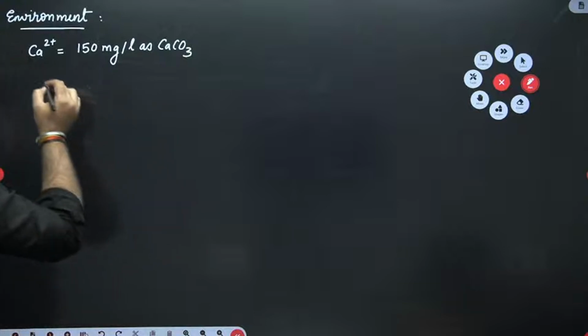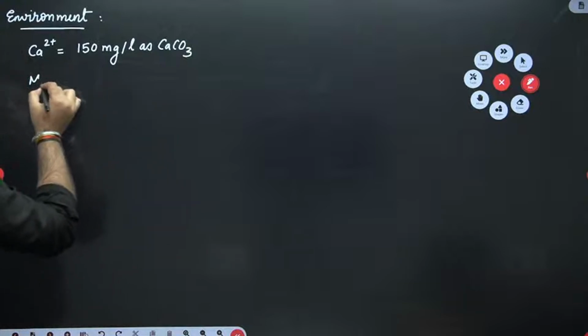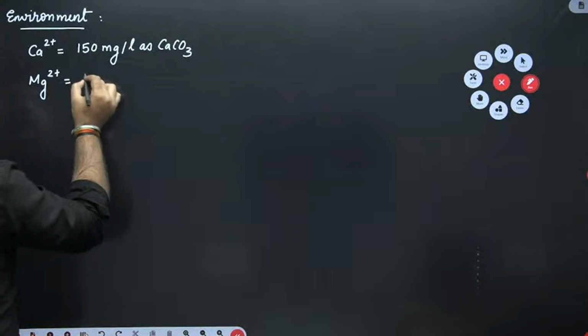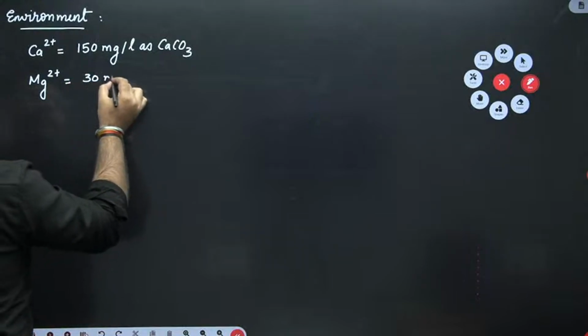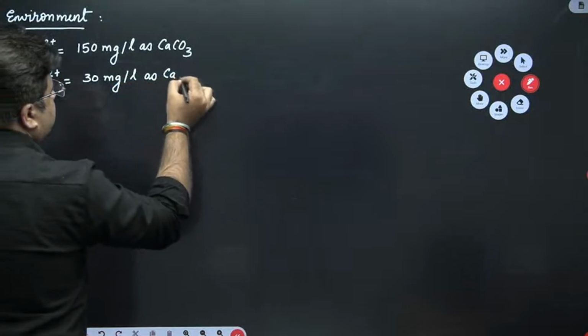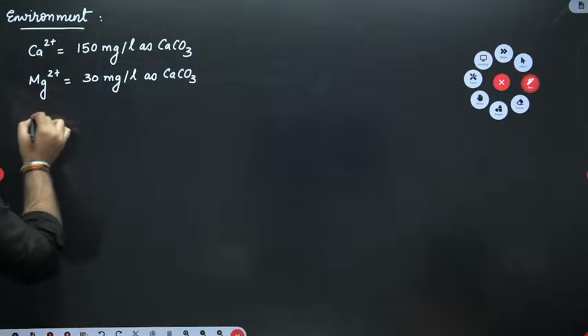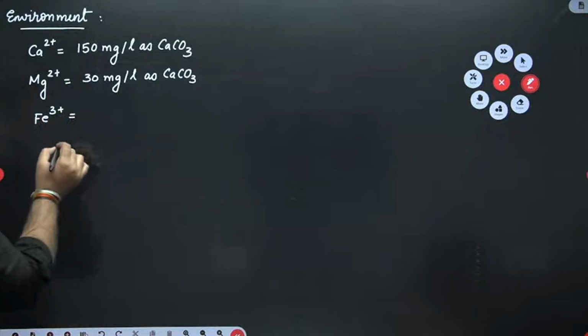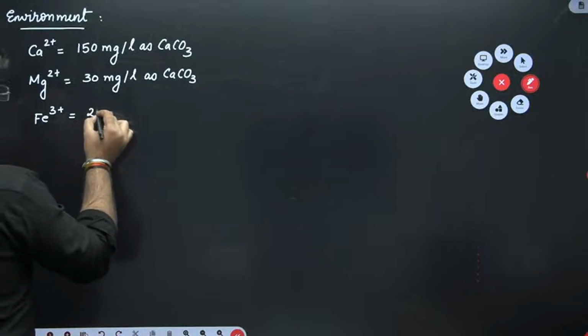Then magnesium ion concentration is given as 30 milligram per liter as CaCO3. Then iron, Fe3+ concentration is given as 20 milligram per liter as CaCO3.